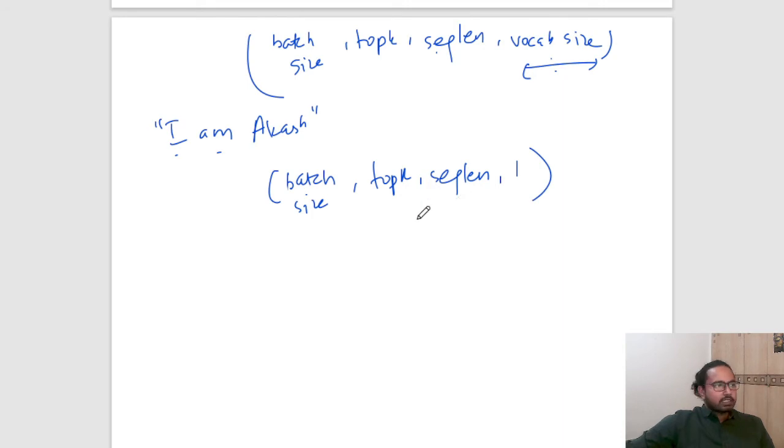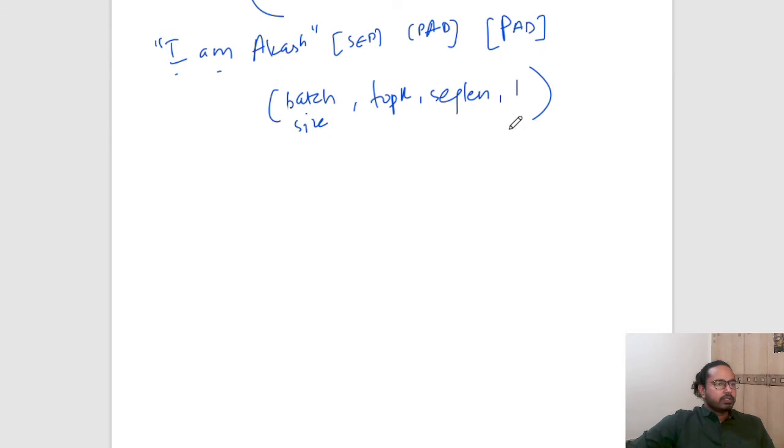Now since sequence length need not be equal to the actual target answer, generally what we do is we have a separate token, and then most of it will be followed by padding depending on the sequence length that was chosen for the batch. So we mask all the values which contain the pad values, and then we remove this dimension to finally get a tensor of shape batch size, top k, and sequence length.